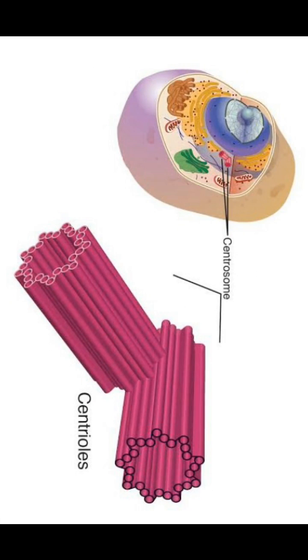And as I told you, centrioles form the basal body of the cilia and flagellum. Understand? So students, with this I conclude today's video. Hope you understood. We will continue this chapter in the next video. Thank you one and all.